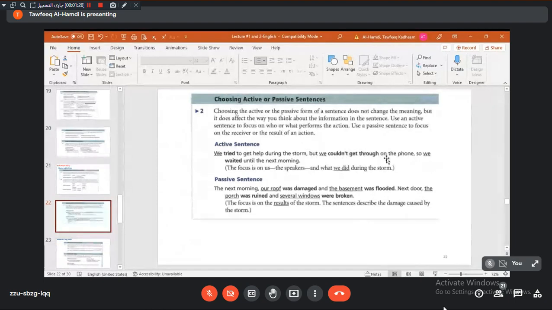So we waited until the next morning. The active sentence infers that the focus is on us, the speakers, and what we did during the storm.